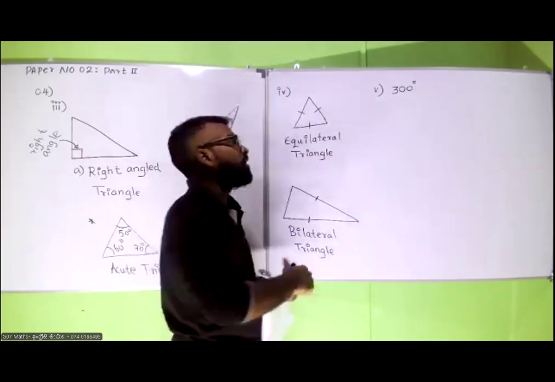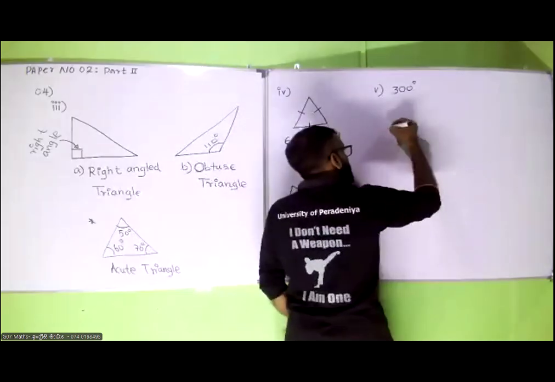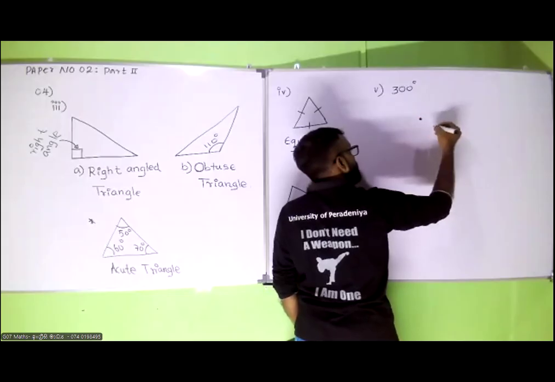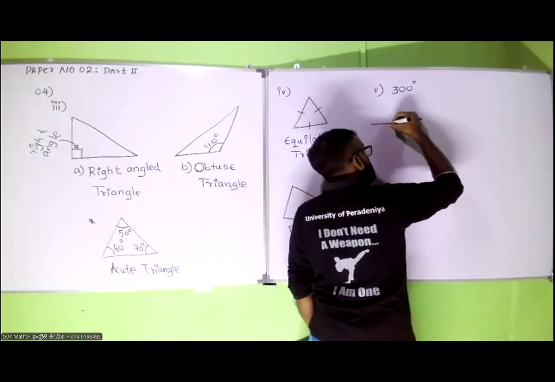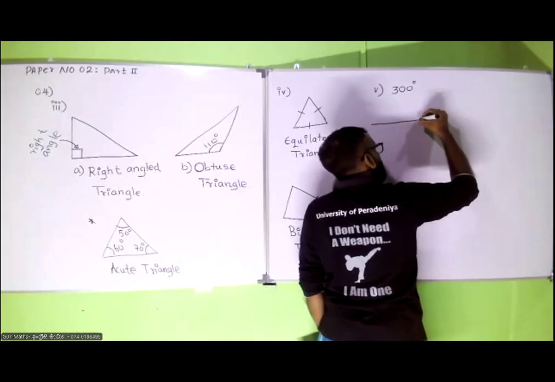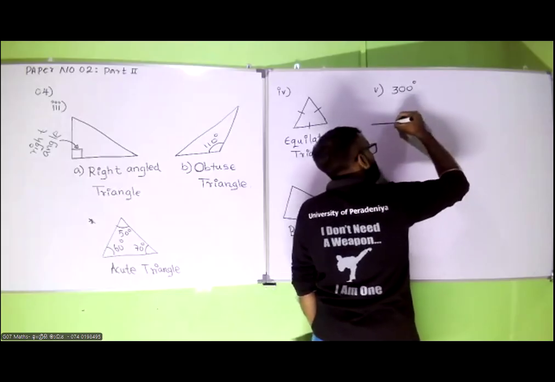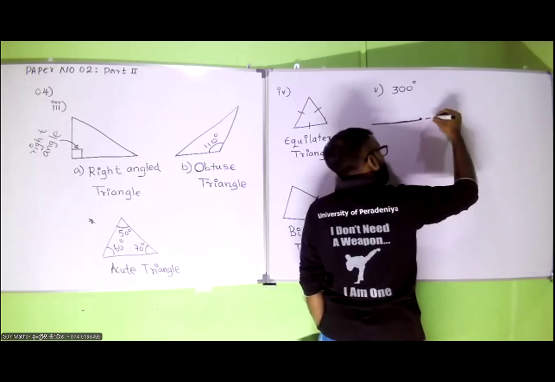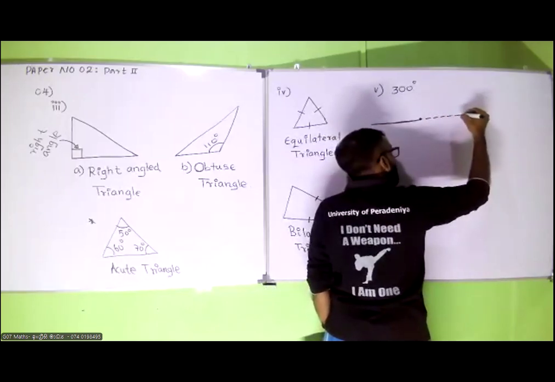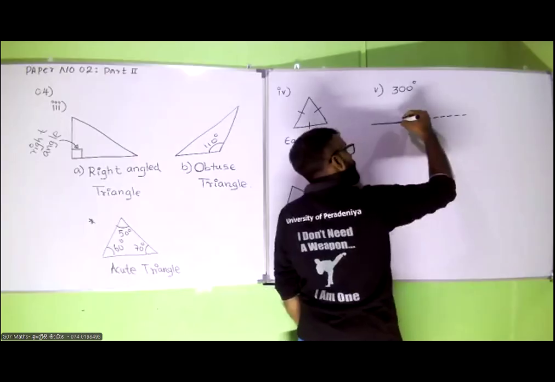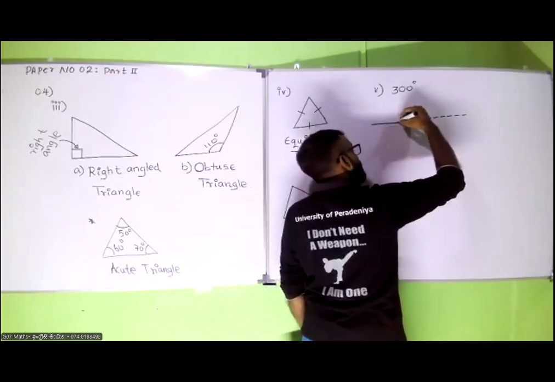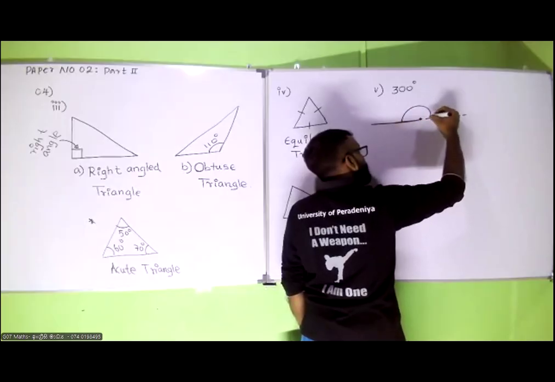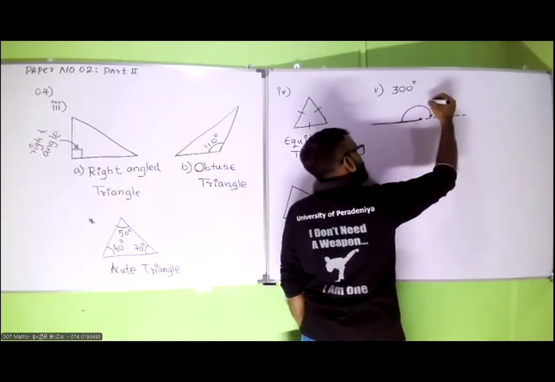First of all, you have to draw a point and mark a line, and on your right hand side draw it using dash lines. Then place your protractor here so that this angle becomes 180 degrees.